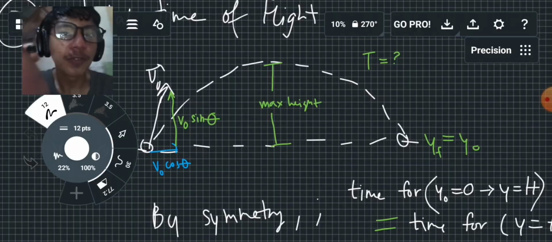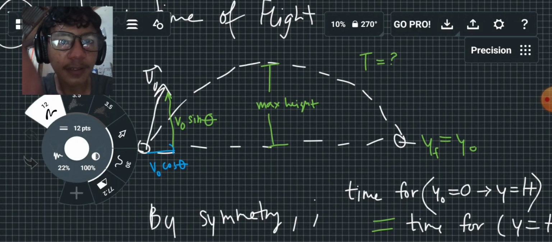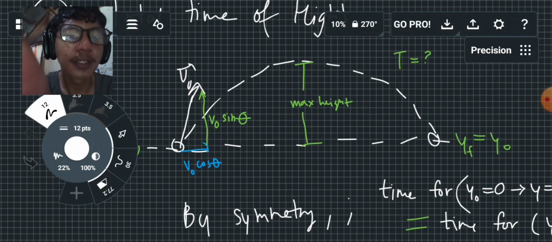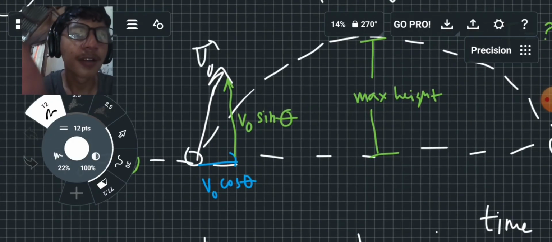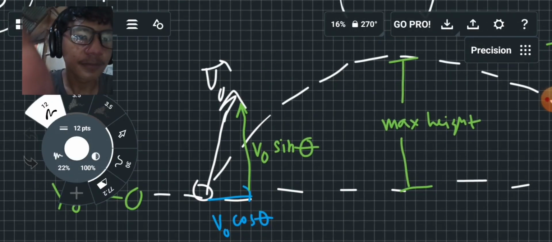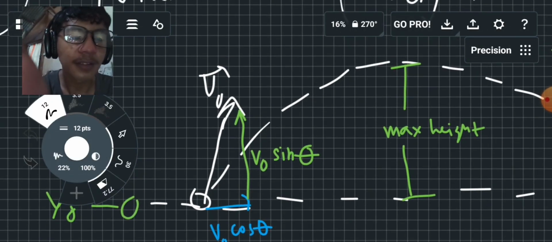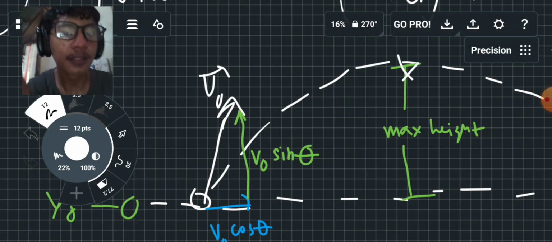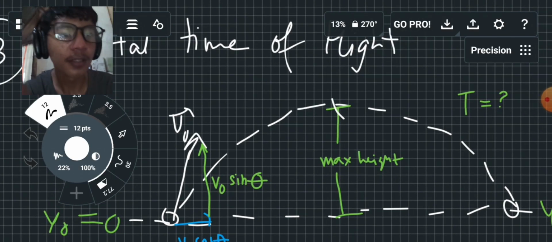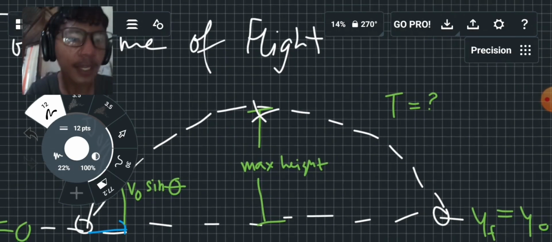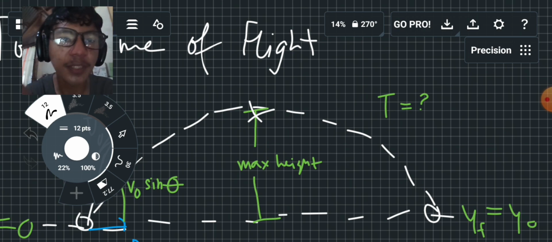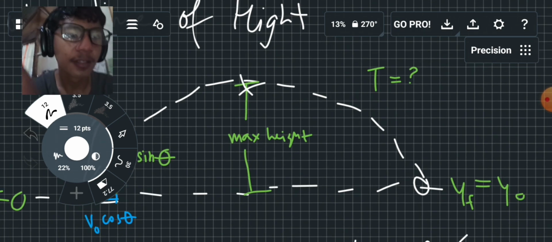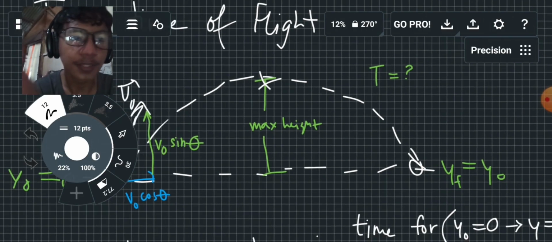So for us to get the total time of its flight, notice that the time it takes for the object to reach the peak is just equal to the time it takes from the max height to the bottom position.